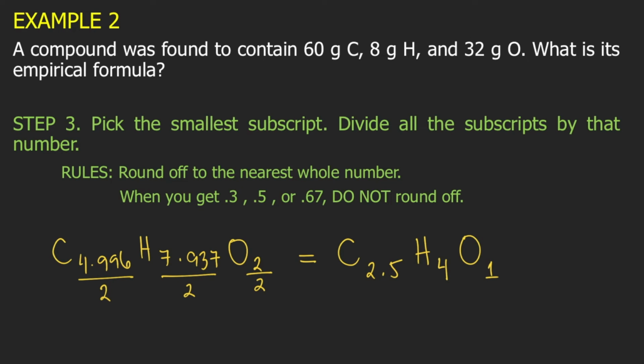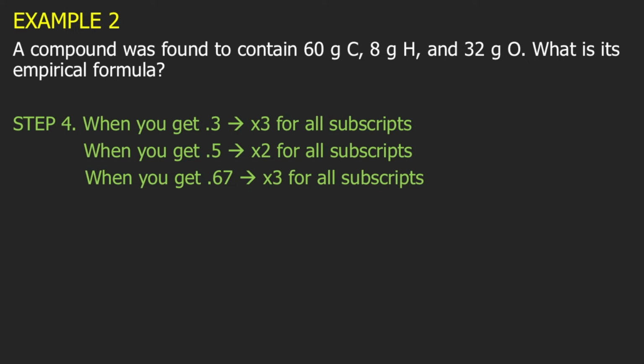Whenever you get decimals like 0.3, 0.5, and 0.67, that's not yet the answer. There is an extra step, step number 4. In step 4, whenever you get a 0.3, you multiply all the subscripts by 3. When you get a 0.5, you multiply all the subscripts by 2. When you get 0.67, you multiply all the subscripts by 3.